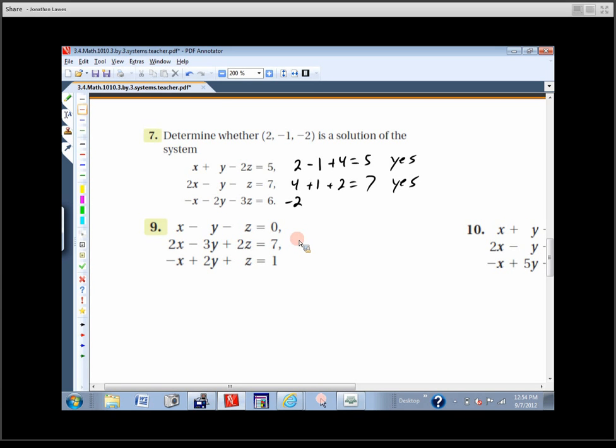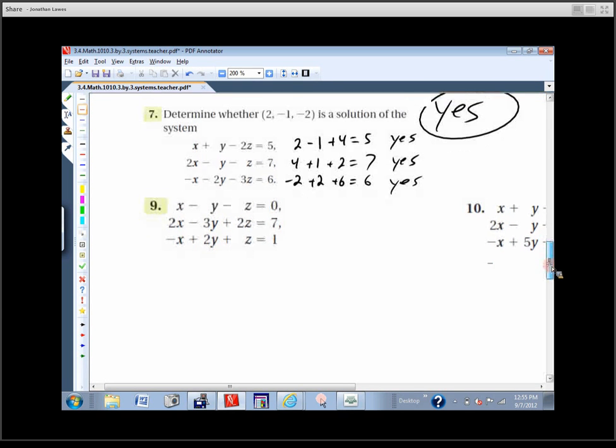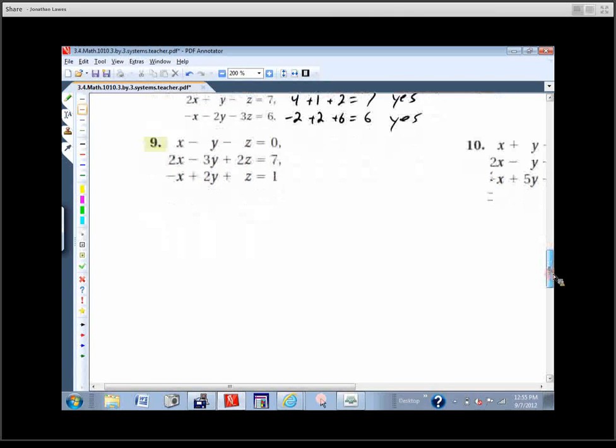I'm just thinking I plug them in parentheses. We doing okay? And this is going to be a minus 2. It's going to be a plus 2. See how easy it is to make a mistake? And then we're going to plug in a negative 2. This is going to be a plus 6. So that's supposed to equal 6. The answer there is yes, because it worked in all 3. Yes, it is a solution. Okay? All right. Any questions?